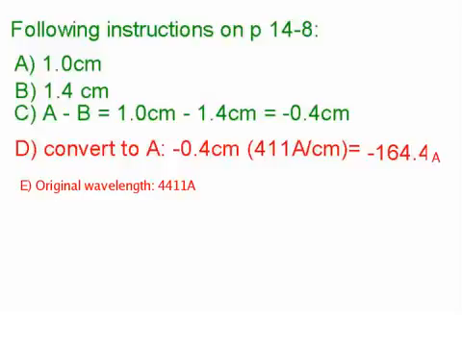Okay, and then in column F, the same as before, we calculate what fraction the shift is compared to the original wavelength. So that's the fractional shift. Wait a minute, I think column F is the wrong letter.